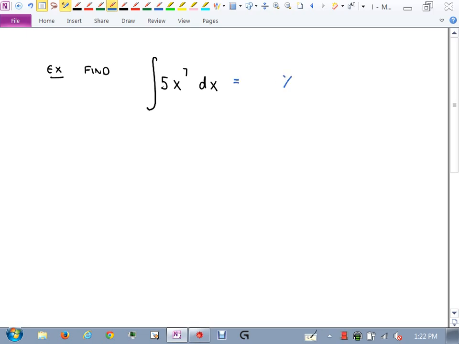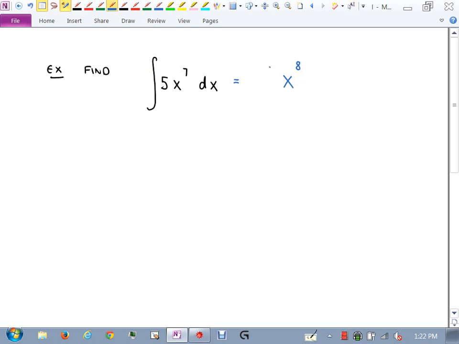I know I need this to be an x to the 8th. I know when that 8 comes out, I need it to kind of go away and become a 5. So what can I multiply it by? What can I divide it by so it's not there? Other way around. Divide it by 8, and the 8 that comes out will go away. And then multiply it by 5.